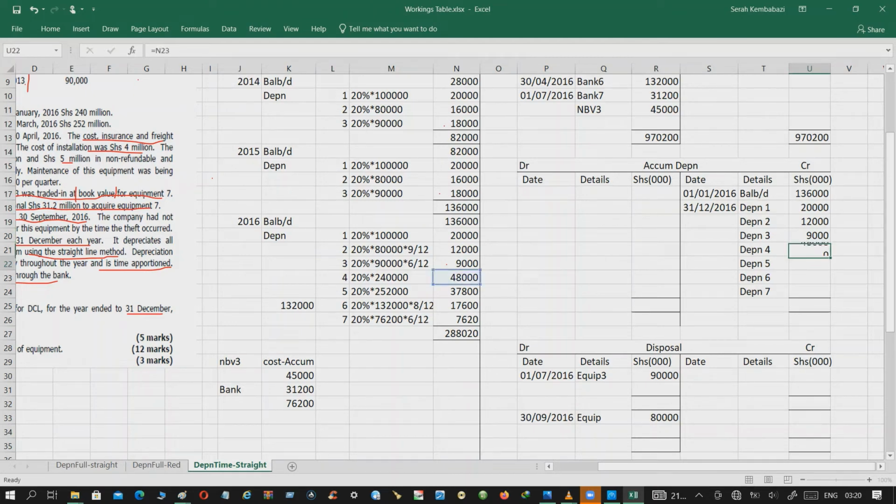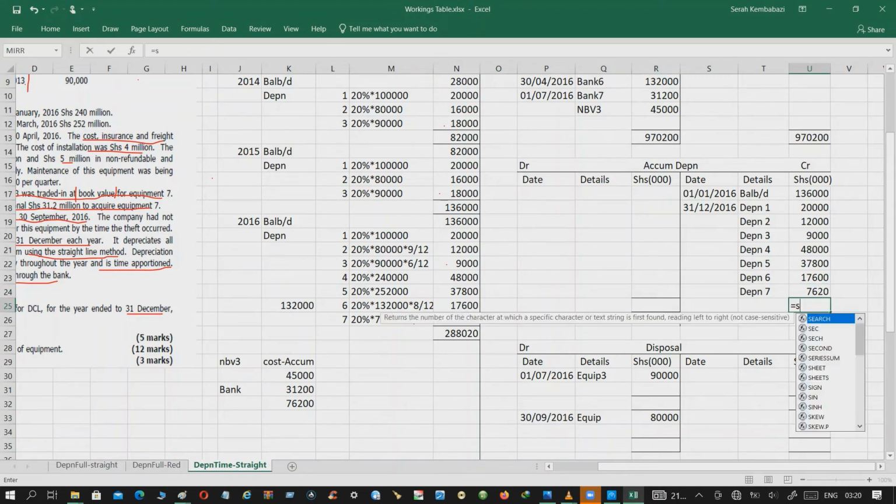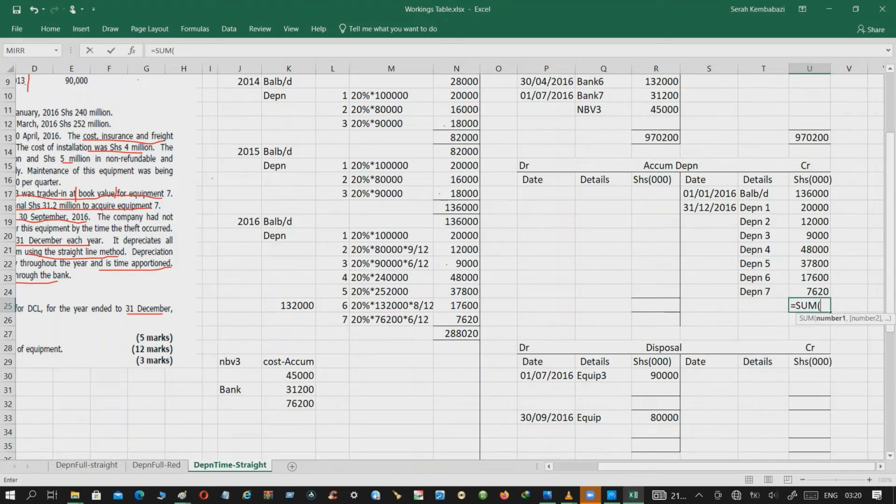And for equipment 3, we have 9,000. Equipment 4, we have 48,000. For equipment 5, we have 37,800. Equipment 6, we have 17,600. Then 7, we have 7,620. So when we sum up, it should be giving us the same value.